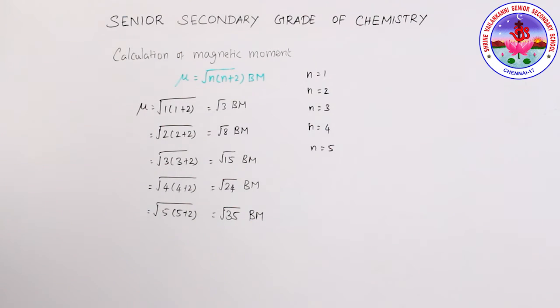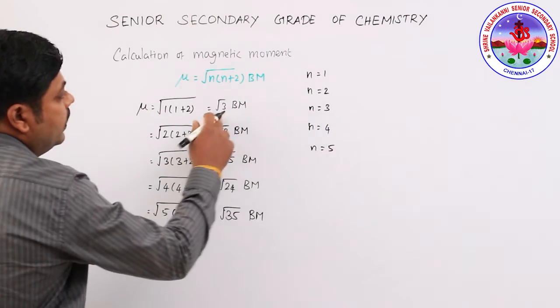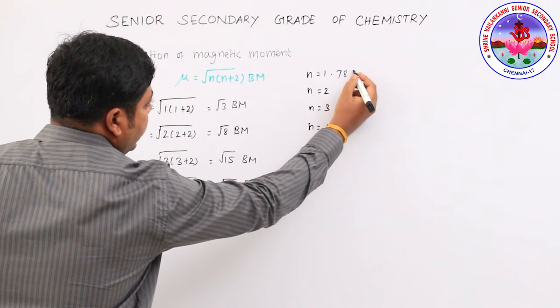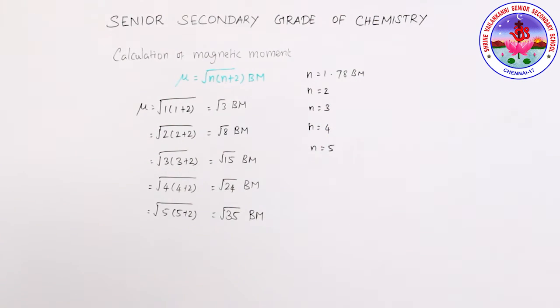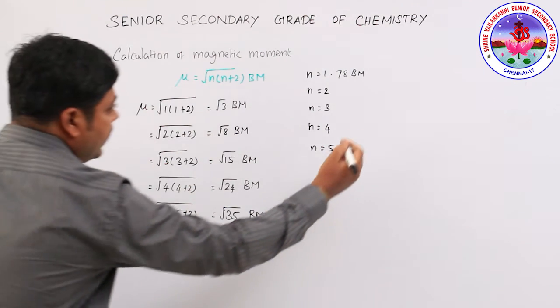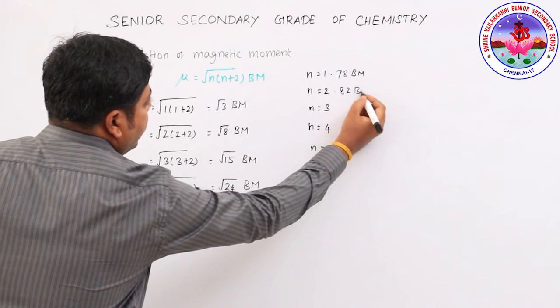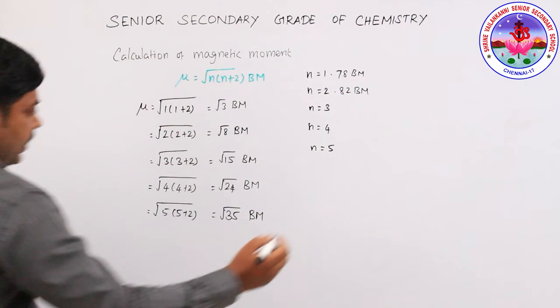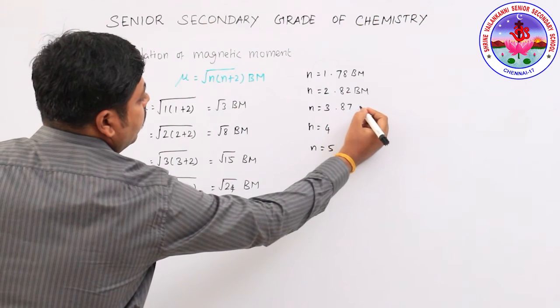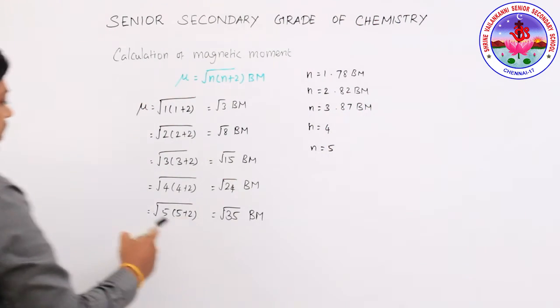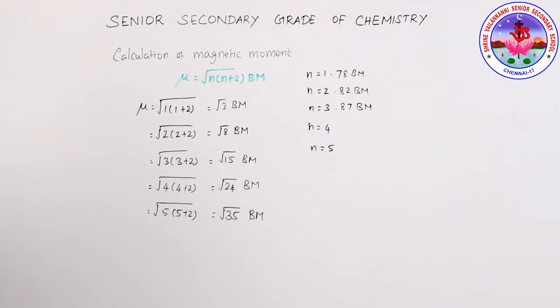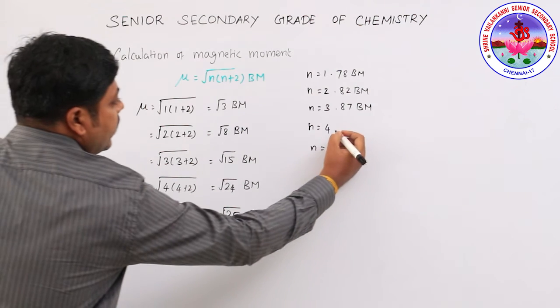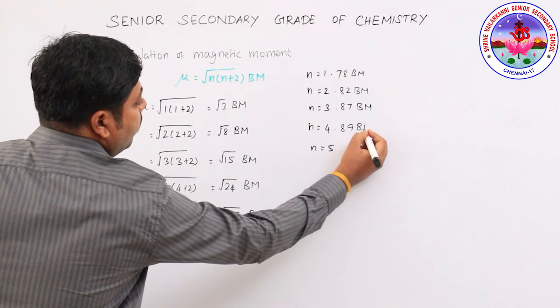Here you can write the values. Root 3 is 1.73 Bohr magneton. Then for n equal to 2, root 8 is 2.82 Bohr magneton. Then for n equal to 3, it is 3.87 Bohr magneton. When n is equal to 4, root 24 is 4.89 Bohr magneton.